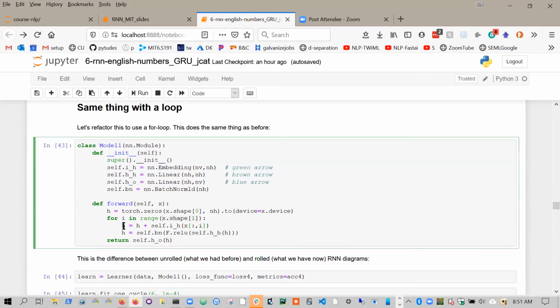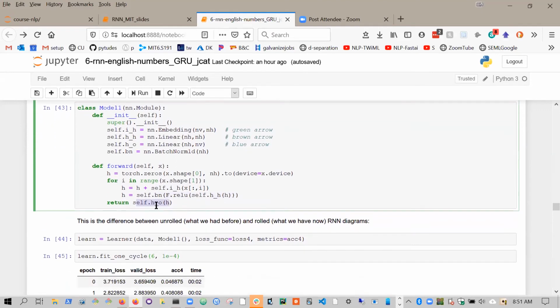So we're computing the hidden state from the input. Then we're computing the next hidden state, and then we're computing the output state by applying these. Remember, self.h0 is a matrix, and self.h0 of h is a matrix operating on a vector, like we talked about before.